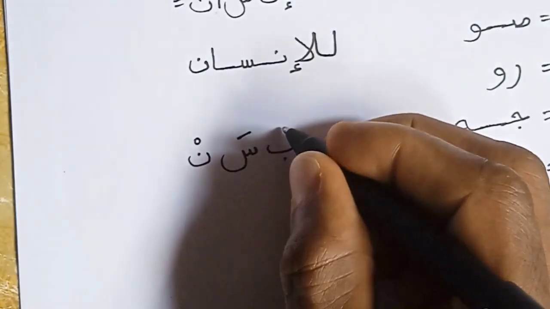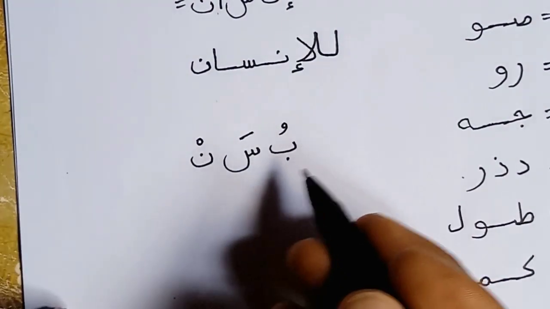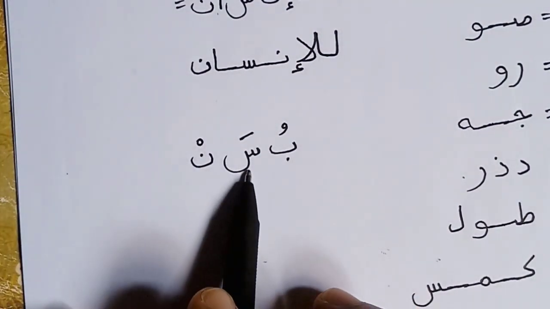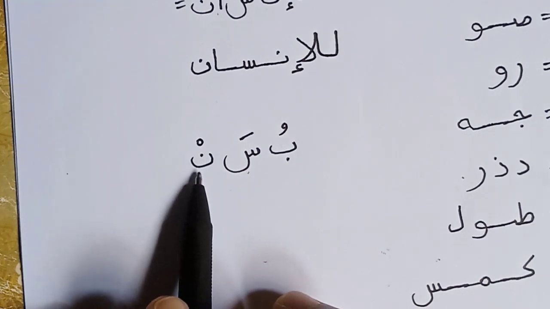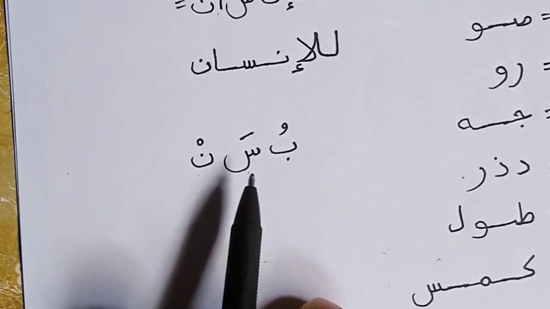Then we give it maybe a dhamma sound, a vowel, okay, the dhamma vowel. So to join this together, what we need to do is to consider this as a rule in which when we pronounce it, it gives us the nasal sound.